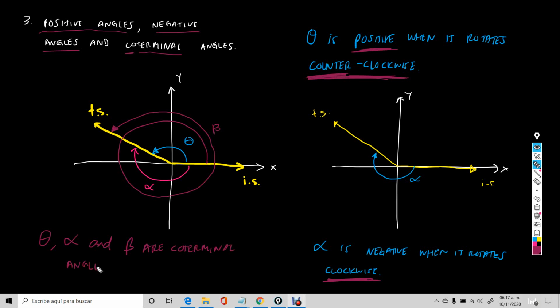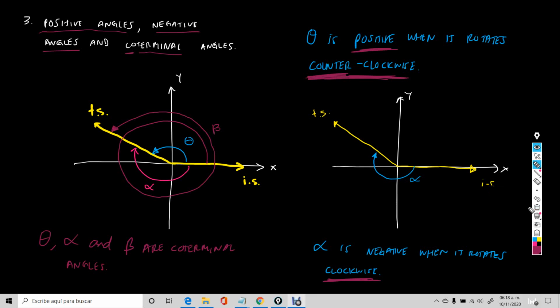What that means is they share the same terminal side. That's what it means. So we have three definitions. Most of these definitions are pretty easy to understand, and you don't have to memorize them with precise words. You just have to understand the concept and explain them in your own words.